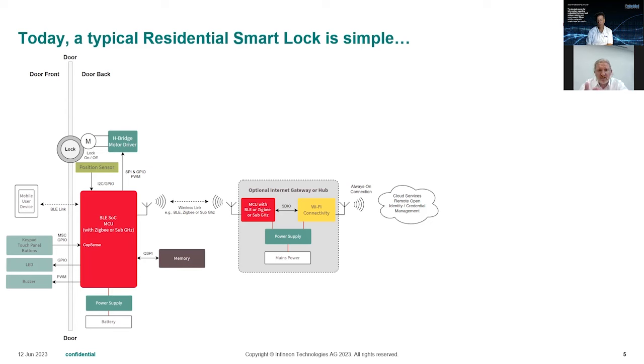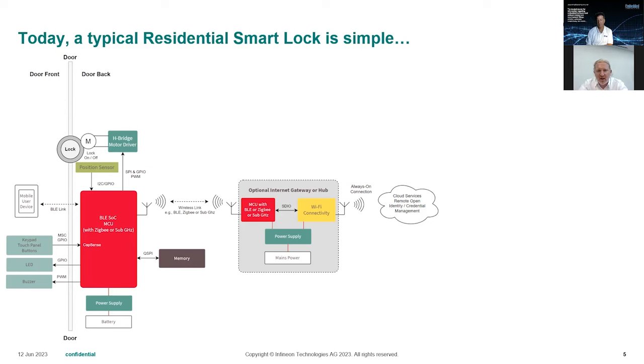Then there's a half bridge motor which is responsible for driving the deadbolt, and then of course you need some form of position sensor to determine whether the door is open, closed, or whether you locked it but the door was left ajar. So a lot of sensing goes on to make sure that when we say the door is locked, we can confirm that it's actually locked.